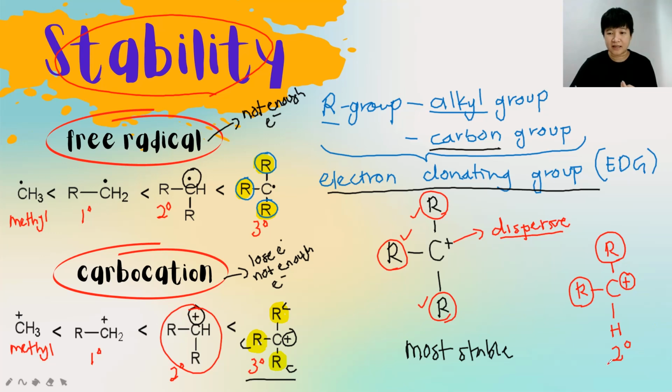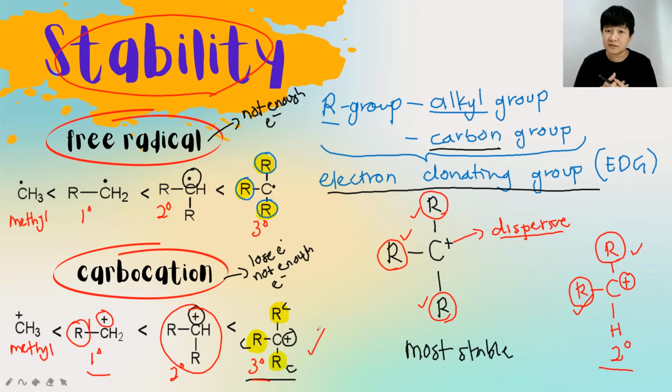But over here in the secondary, you only have 2 persons helping you. And go to your primary, guys. Your primary carbocation over here is holding only 1 alkyl group. 1 alkyl group means 1 person only helping you with the positive charge. Your positive charge can only be dispersed, can only be minimized by 1 person. Comparing primary and tertiary, 3 people helping you and 1 person helping you. Which one is easier? Of course, 3 persons are helping you.